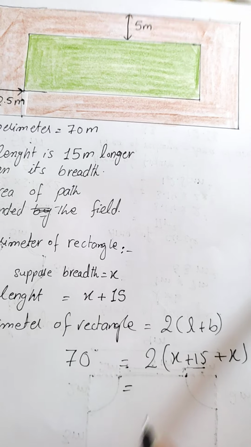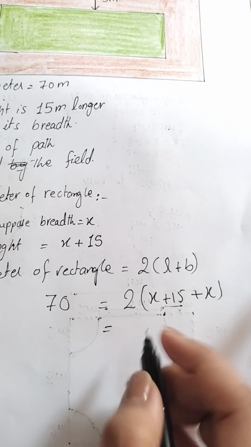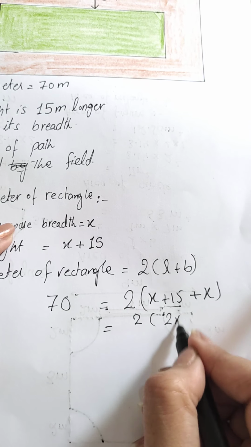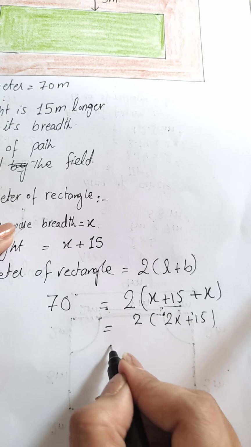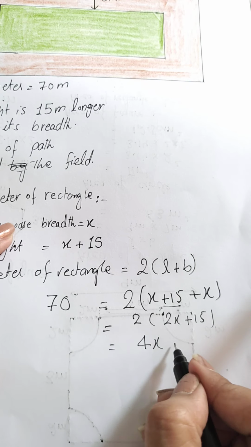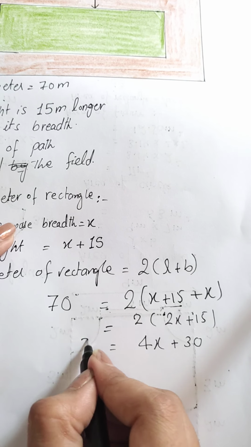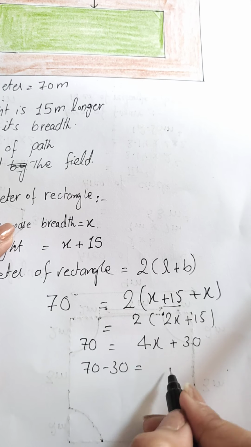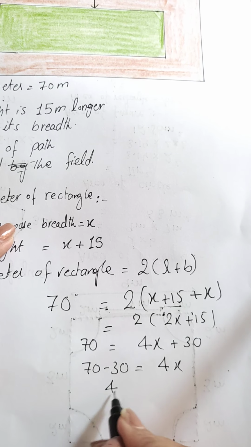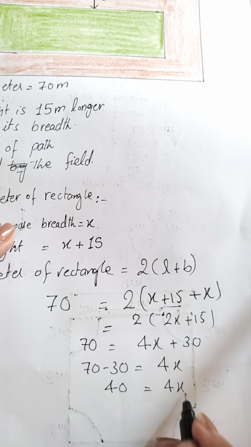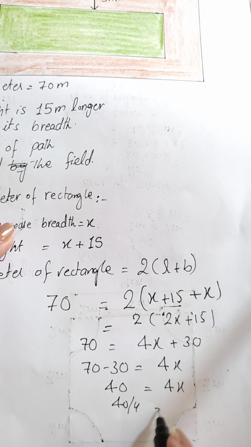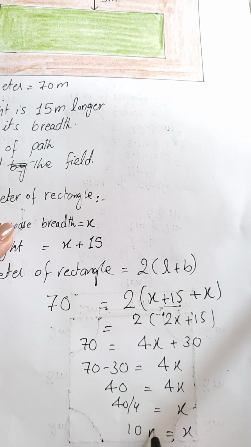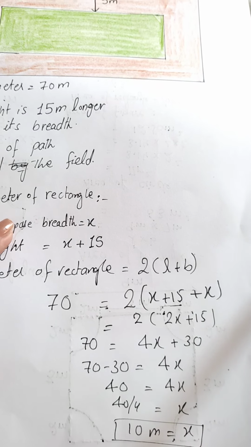Now simplify it. 2 as it is, x plus x is 2x, plus 15. Then multiply 2 inside, you will get 4x plus 30, equal to 70. Take 30 to the other side, you will get 4x equal to 40. 40 divided by 4 is 10, so x is equal to 10 meters, and x is the breadth.